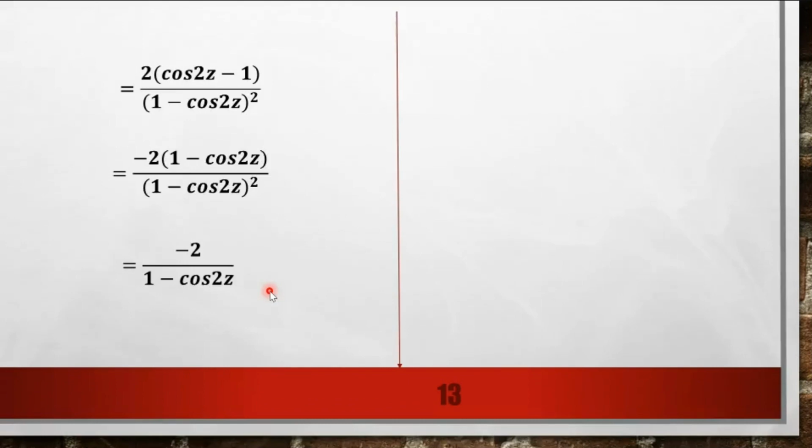One minus cos 2 theta is 2 sine square theta. So 2z will not come here; it is 2 sine square z. Because cos 2 theta we write in terms of sine square, and then we calculate 1 minus cos 2z as minus 2 upon 2 sine square z.